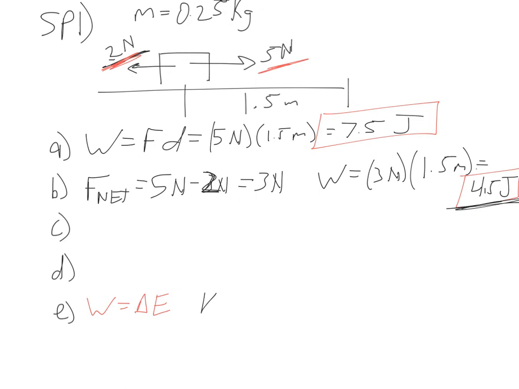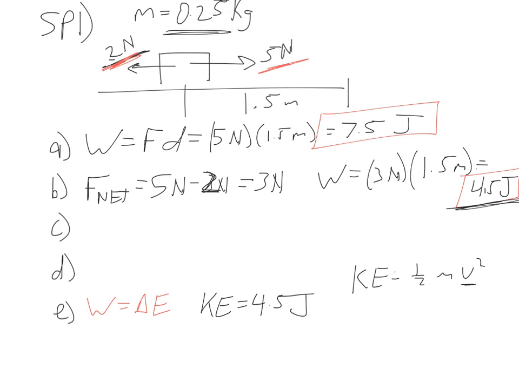So if the kinetic energy at the end is 4.5 joules, and I know the mass, I can solve for the velocity. Kinetic energy equals 1/2 mv squared, and I can solve that equation for v.